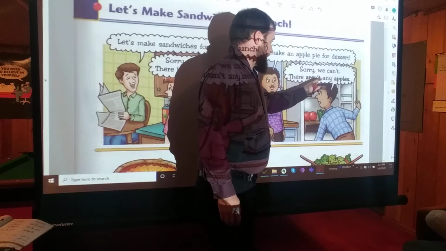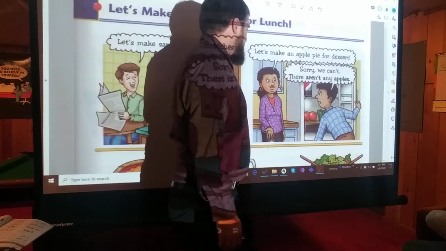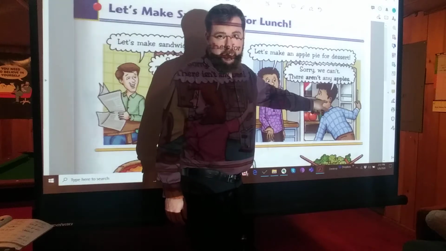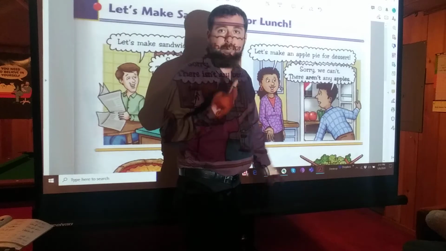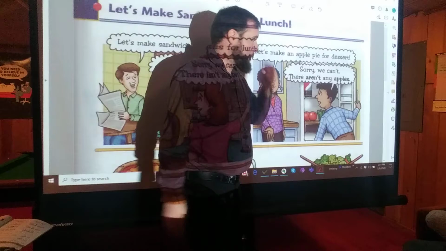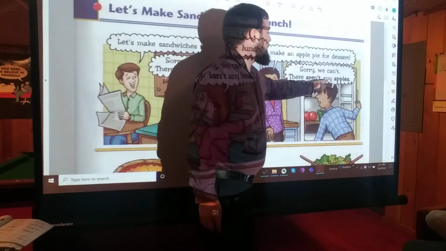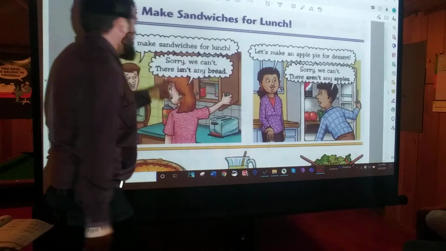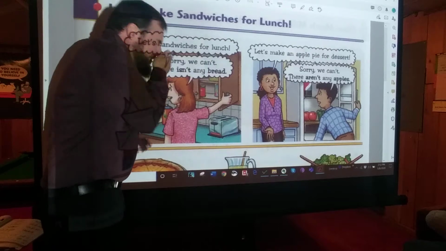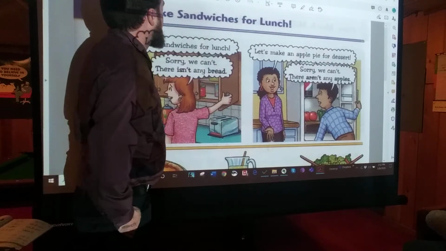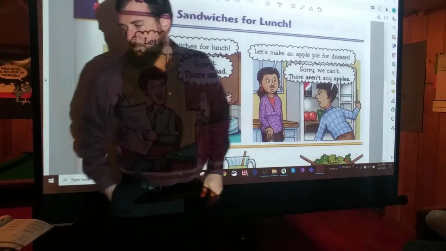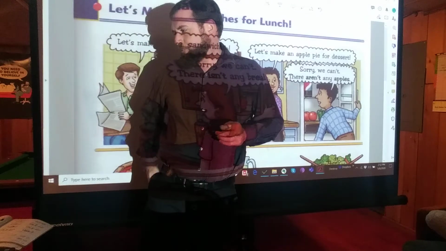There aren't any apples. So apples are count nouns. We can count them. 1 apple, 2 apples, 3 apples. So we say there aren't any apples, and there isn't any bread. Alright? Okay, so that's our example.